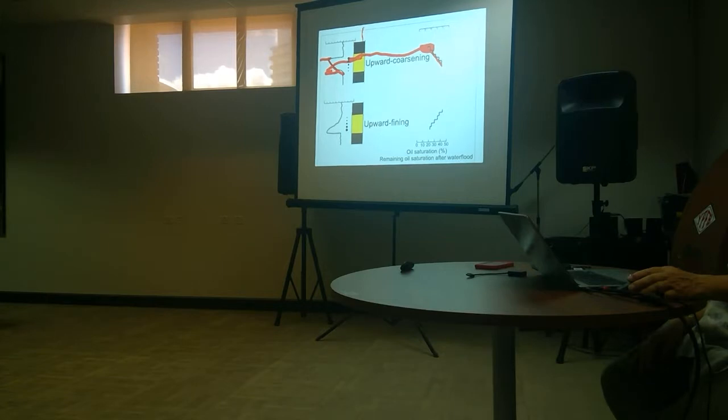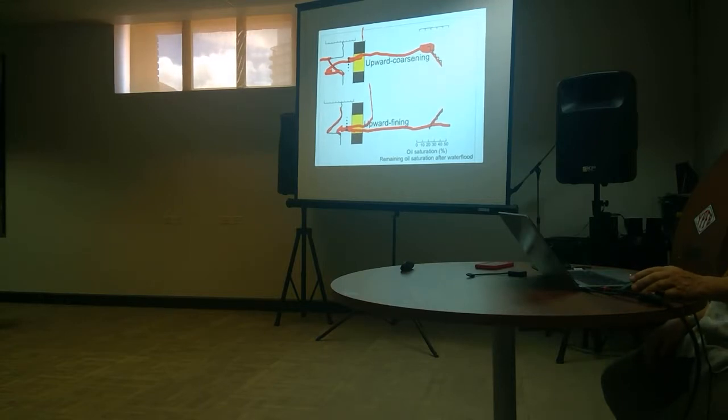Whereas down here, it's just the opposite. We have our coarsest grain down at the bottom. It's getting finer grained upward. And so after water flood, our remaining oil saturation is very low, and the oil saturation increases upward where the grain size is finer. And in that case, when you injected the fluid, the water would have gone down to the most permeable zone, which would be at the bottom.